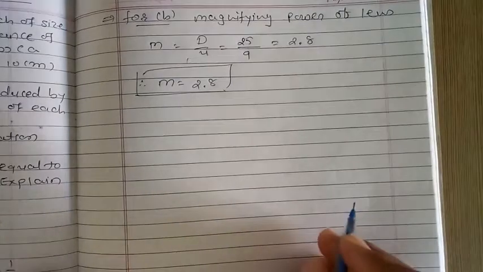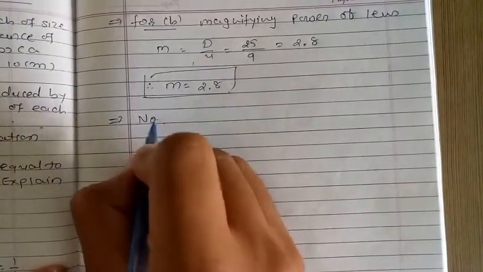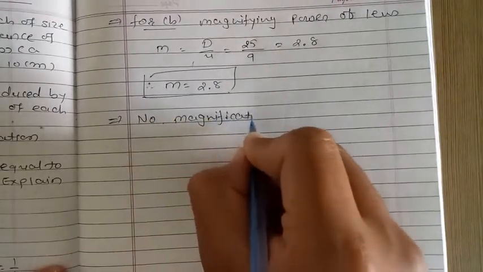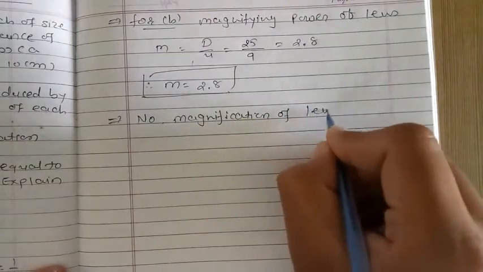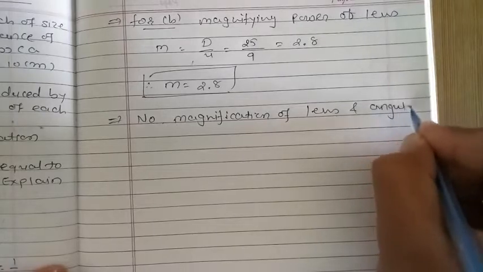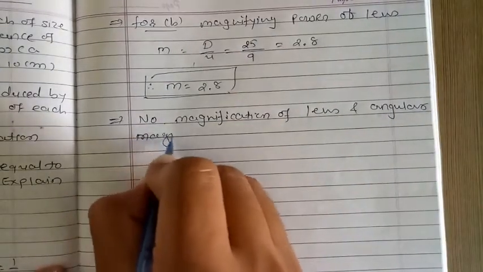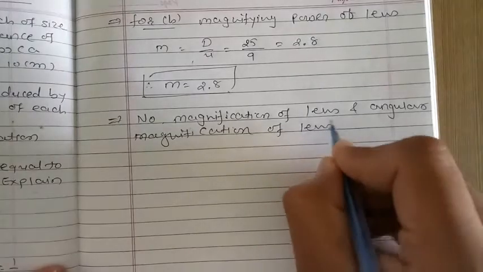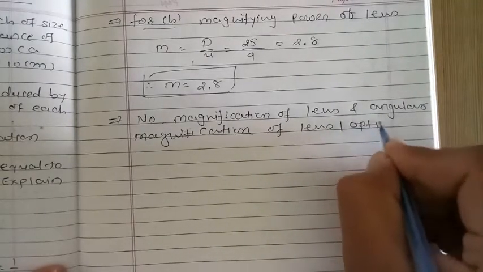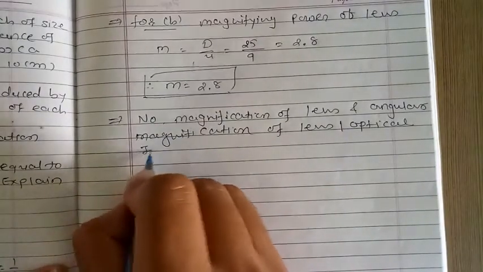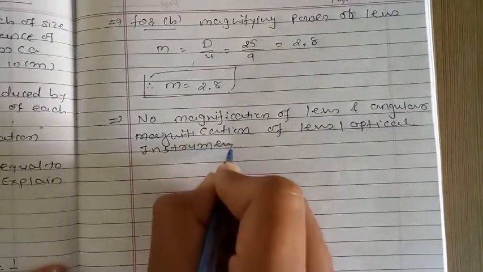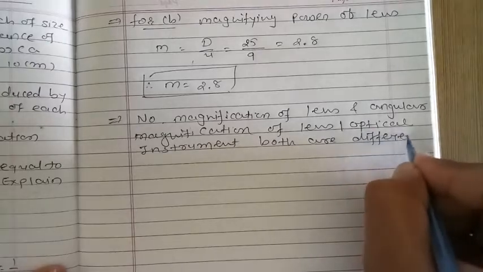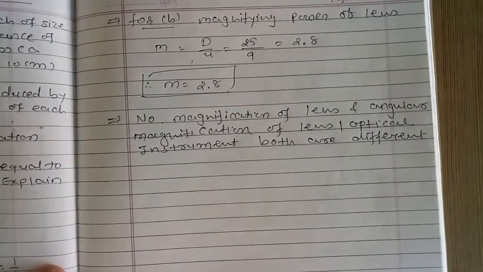So we can write that no, magnification of lens and angular magnification of lens, or we can say of optical instrument, both are different, right?